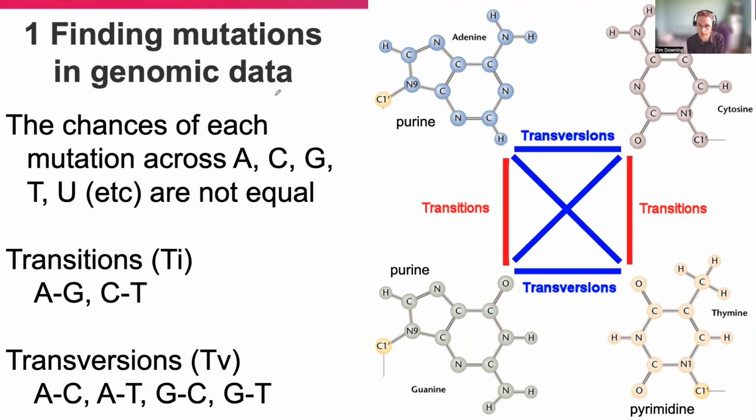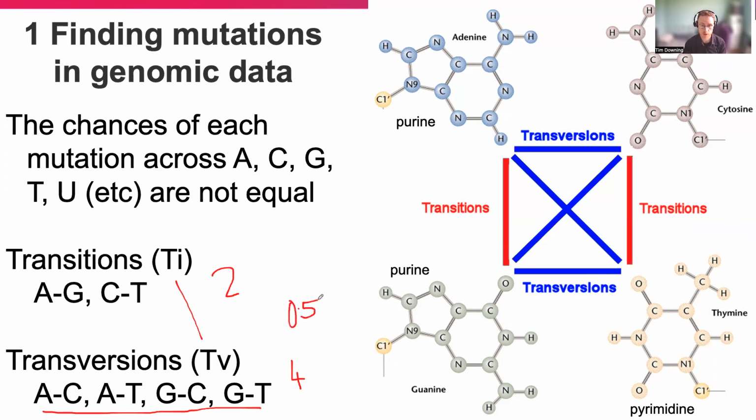A and G are chemically similar, so it's not as big a change as it is with the other changes, the transversions: A to C, A to T, G to C, G to T. So there are 4 options there for transversions and 2 options for transitions. Under ideal circumstances, we'd expect a TI-TV ratio of 0.5.